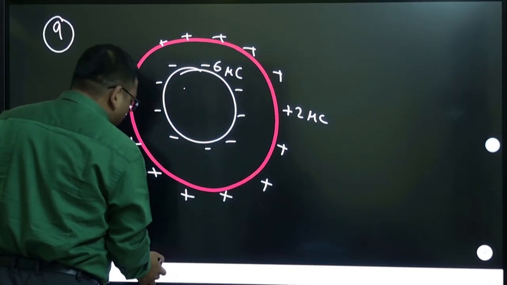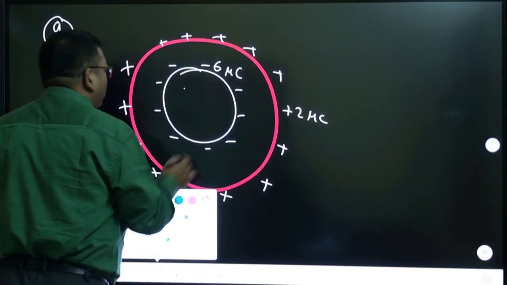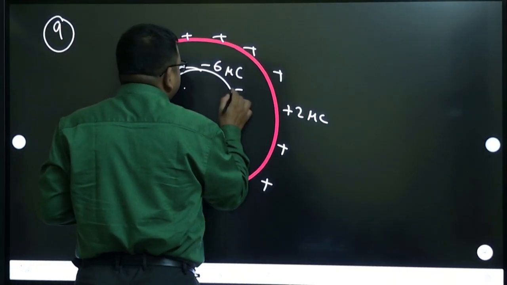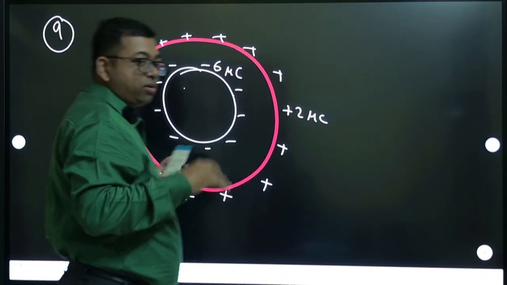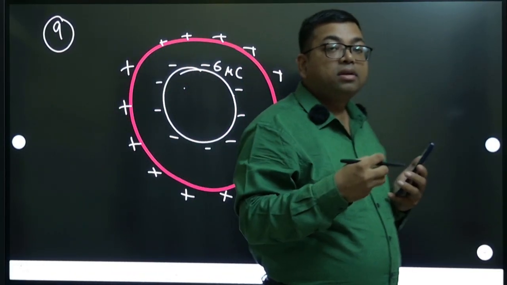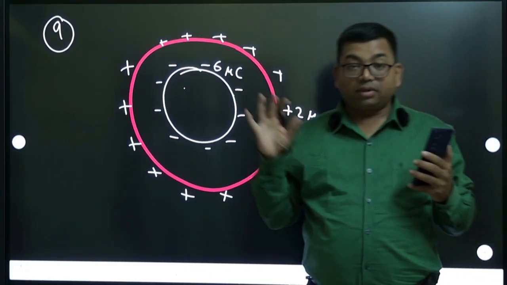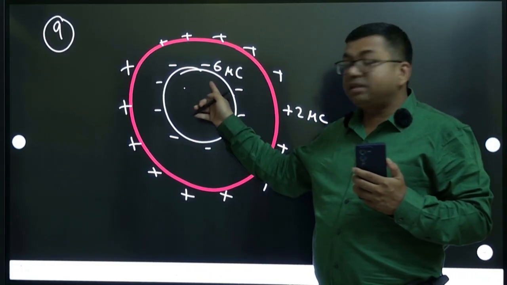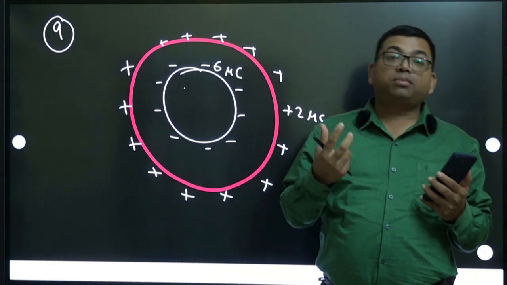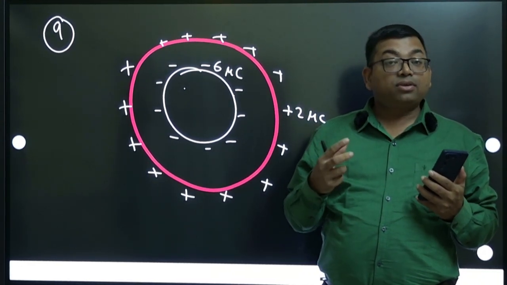Now let us do the induction. Induction means how much is inside. Note that on the outer surface of the inner sphere there will be the charge, whatever it is. There cannot be any charge inside a solid conductor.